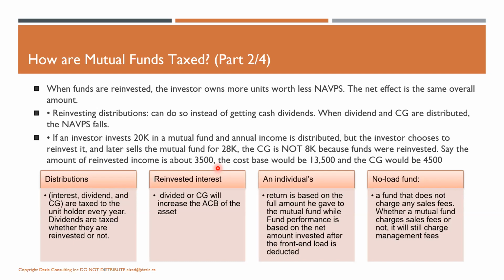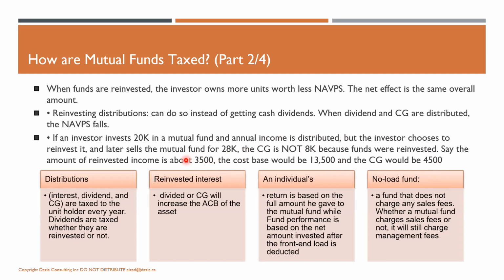The cost basis is going to be 13,500, and the capital gain would be 4,500. So we're going to do 8,000 minus the 3,500. We subtract this because this has already been paid for. They already paid taxes on this amount, right? So you need to subtract that.